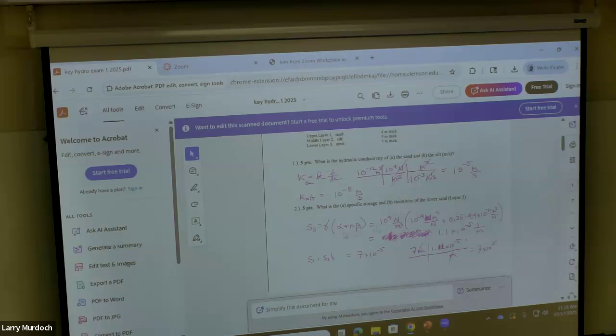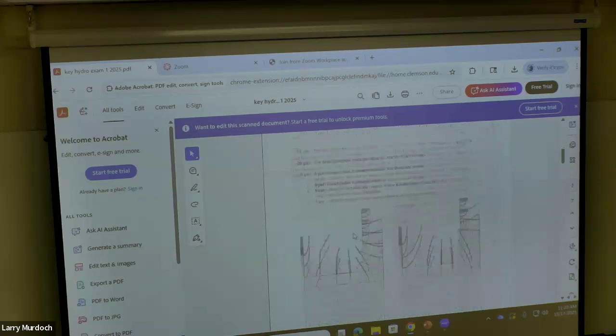One thing too, there were folks that just wrote out the equation with some numbers, and if there are problems with that, I couldn't really tell what it is you were doing. So I want you to write out the equation that you're using first, just to help clarify what's up.